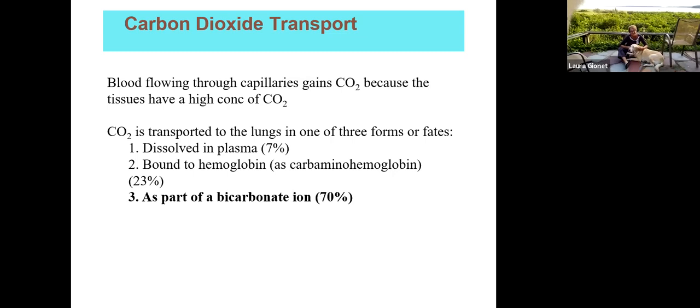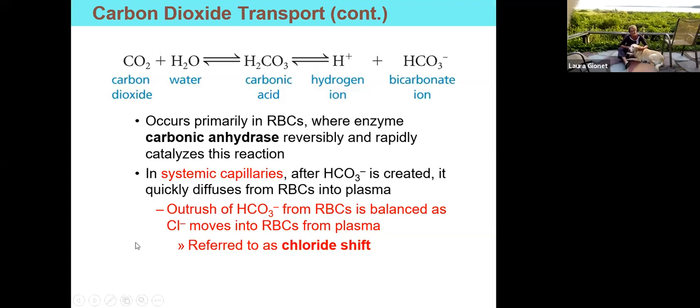The least amount is transported as dissolved carbon dioxide free gas in plasma, only about 7%. When it's bound to hemoglobin, it's called carbaminohemoglobin, and that's about a quarter, like 23%, of all carbon dioxide. But the majority is transported as a bicarbonate ion, about 70%. And that takes us to the carbonic acid cycle.